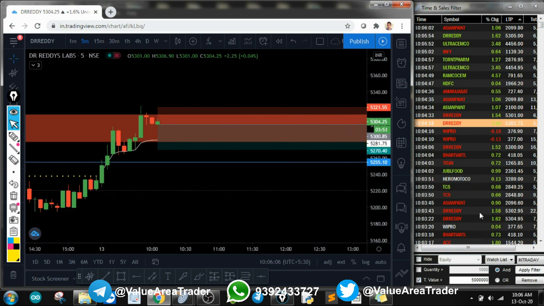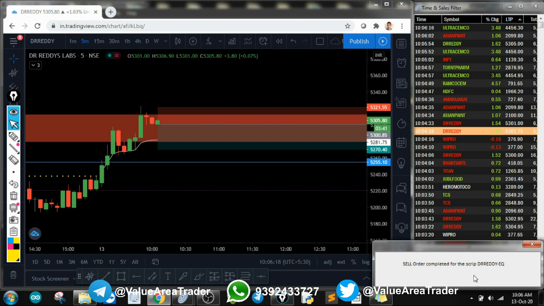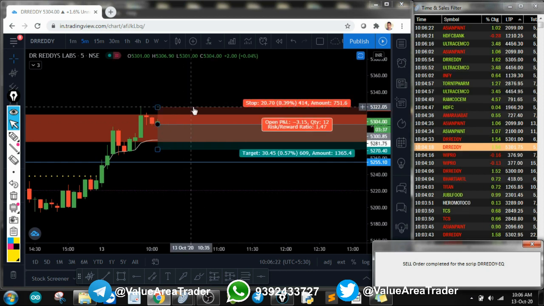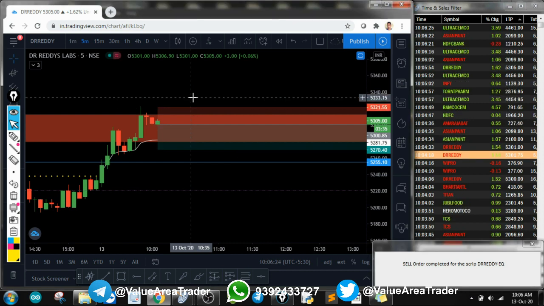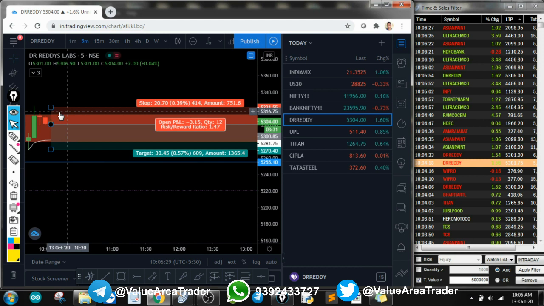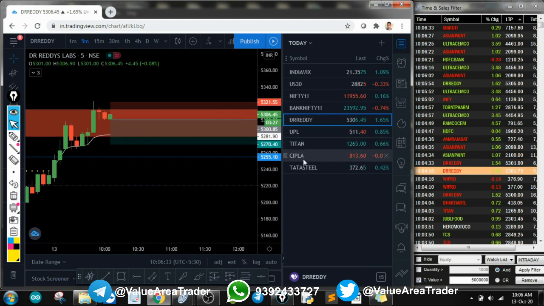Where is the order? Order is rejected because the primary. Okay, sorry, the order got rejected. So now you can see a sell order. Okay, sell order for Dr. Reddy completed. So it's a small scalping that we are trying. But I think our stop loss is too tight. So anyways, we'll see what happens.